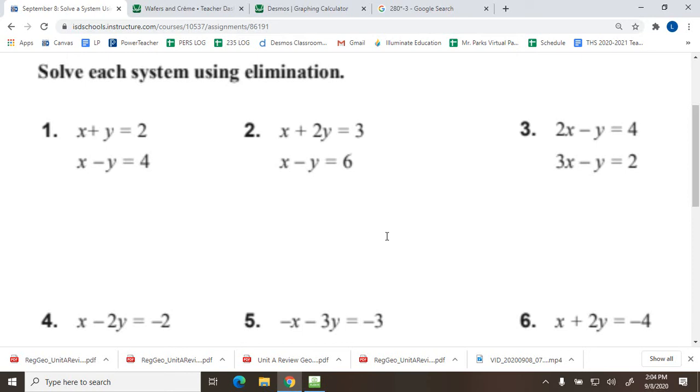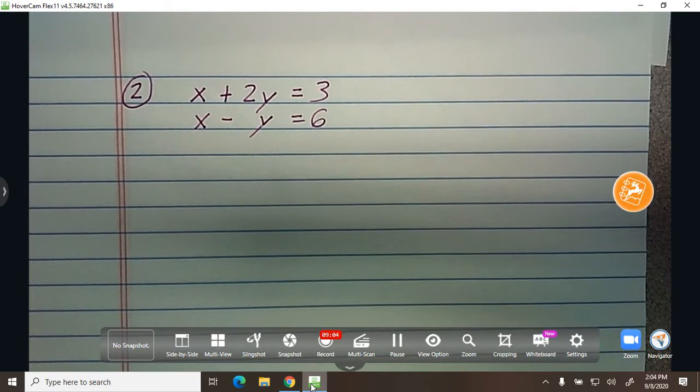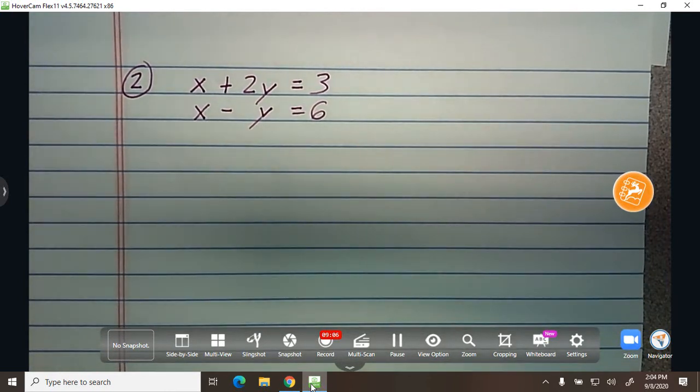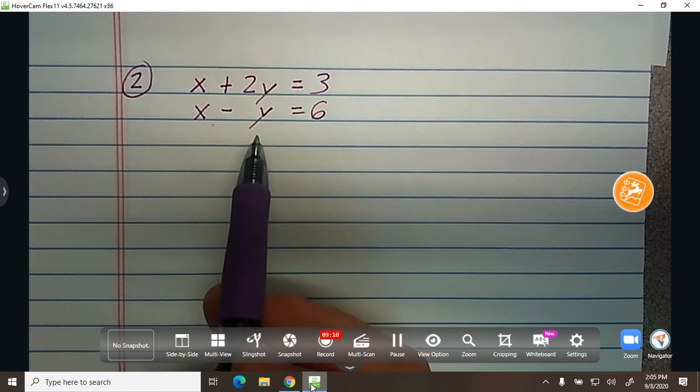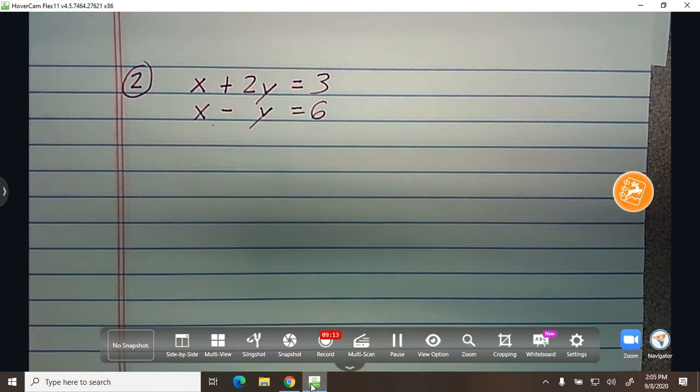X minus y is 6. If we add these together, nothing eliminates. We get 2x, 1y. So do not add equations together if nothing eliminates. You need to manipulate the equation.